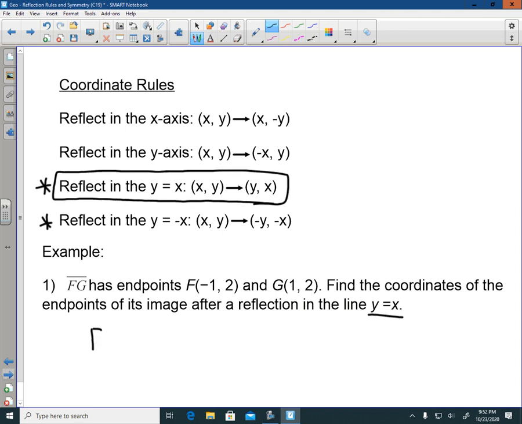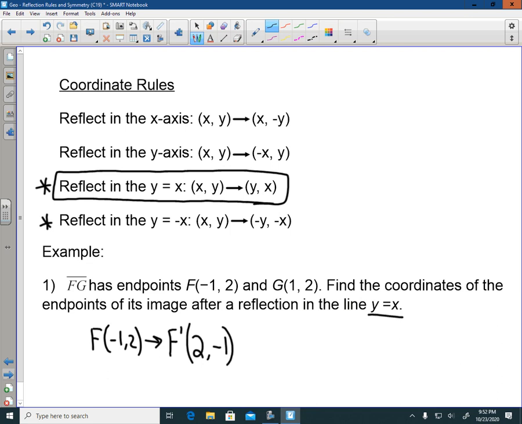So F lives at -1, 2, and we're going to run it through the rule, and the rule just says take each point and flip them. So F prime will live at 2, -1. And that's all there is to it. We know where F prime lives now.